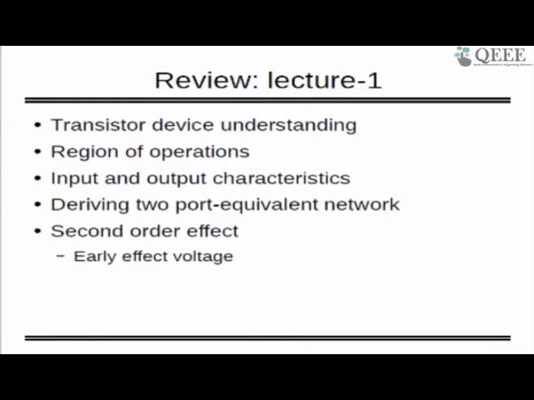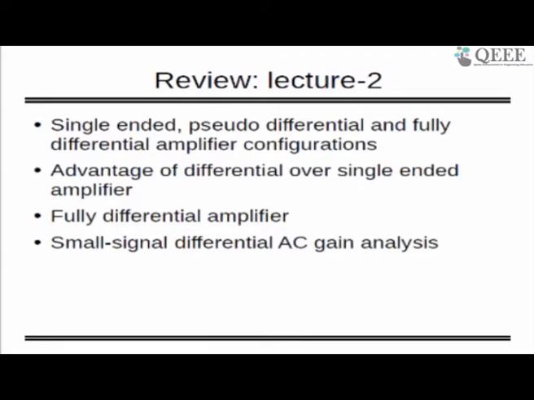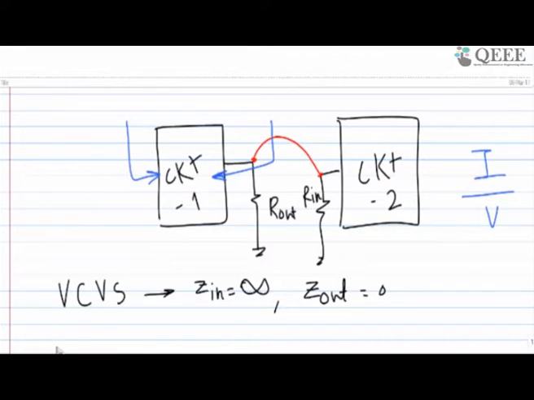Okay, so now let's go to reviewing lecture number 2, which was the last one, where we understood what single-ended, pseudo differential, fully differential, and differential configurations are. So there are 4 configurations, and we understood all 4, and that differential is the one where you give 2 input signals.